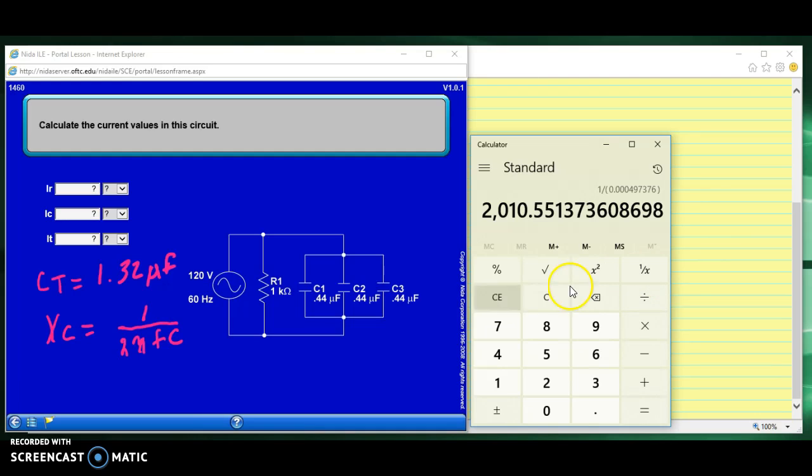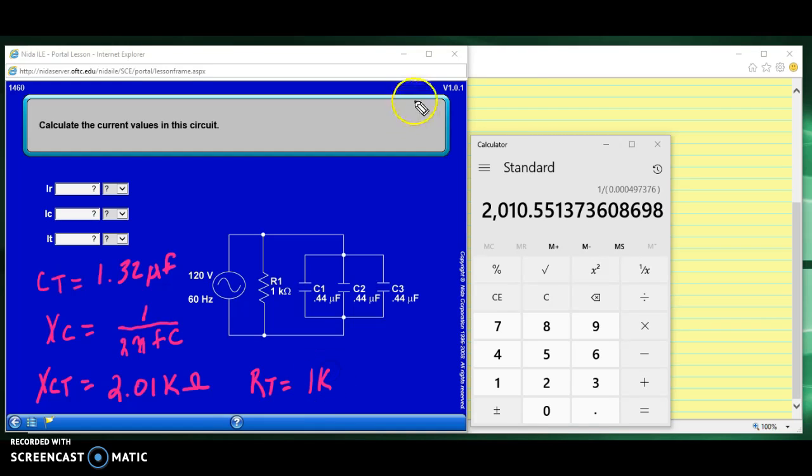Equals, 1/x, so X of CT is equal to 2.01k ohms. Well, RT is easy. There's only one. It's 1K.